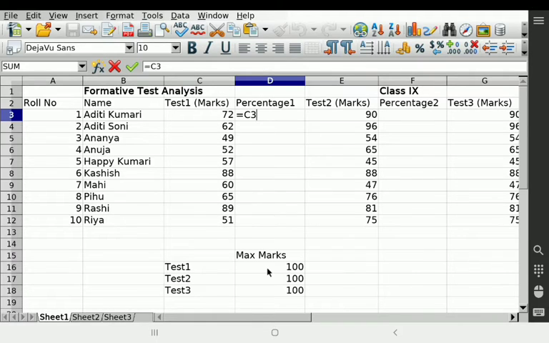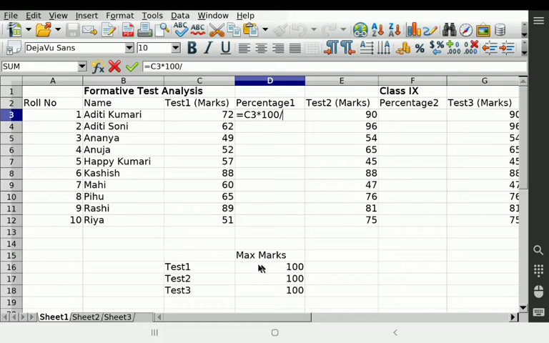See how you will do it? C3 into 100 divided by maximum marks of test 1. What is the cell address for this 100 which I have taken for test 1? This is D16.